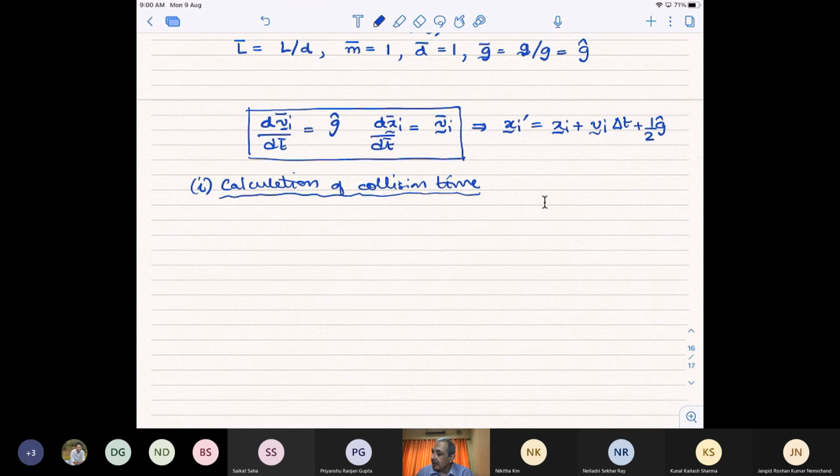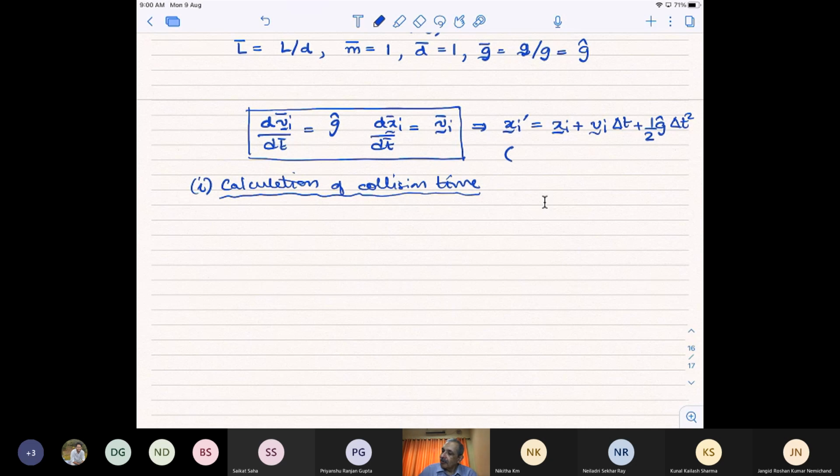The acceleration is just g hat and delta t squared. So this is the displacement of a particle for time t, where xi prime is the new position and xi is the old one.